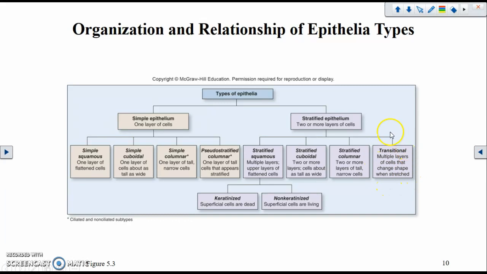Obviously, your bladder can expand from a fist-like structure all the way up to a couple of liters capacity. That's where that comes in.